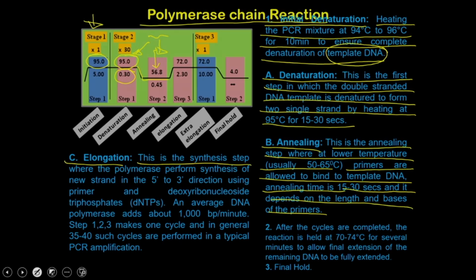This is the synthesis step where the polymerase performs the synthesis of the new strand in the 5 prime to 3 prime direction using the primers and the dNTPs, or deoxynucleotide triphosphates.